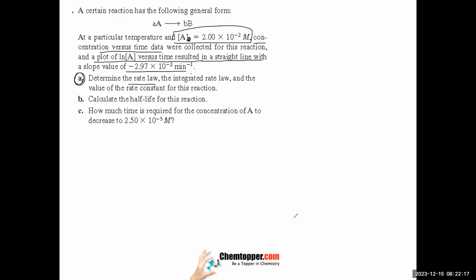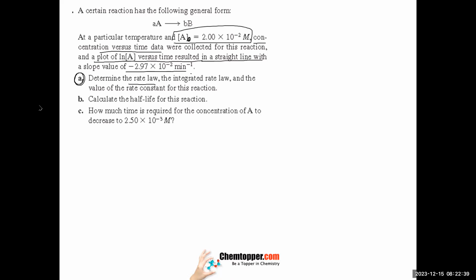What's the rate law, children? What is the rate law? Is this the answer? Rate law, it is first order kinetics.